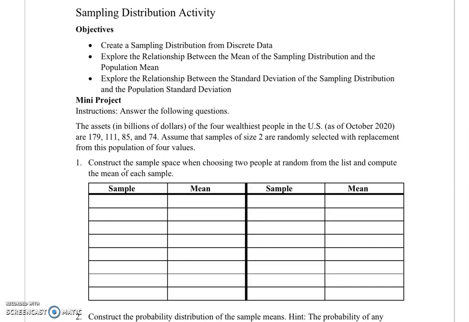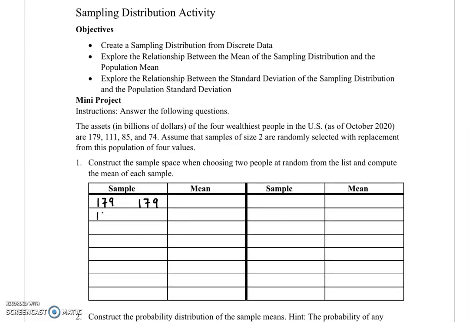So I am going to start you off here. Remember, this is with replacement, and it's good to do this a little bit systematically so you don't miss one. So we could pick the 179 person first, and we could pick that person second since it's with replacement. That means when we pick someone out, before we pick the next person, we put that first person back in the pile.